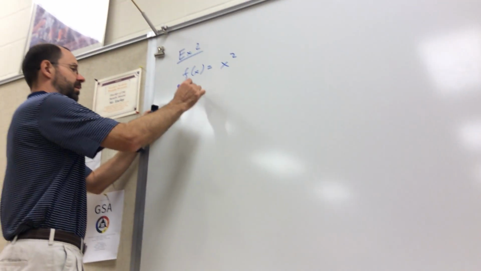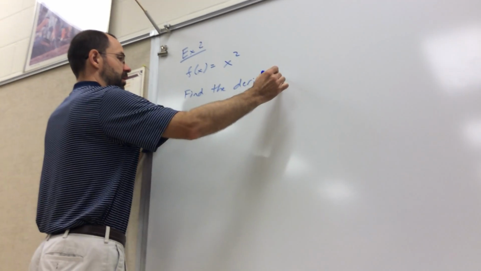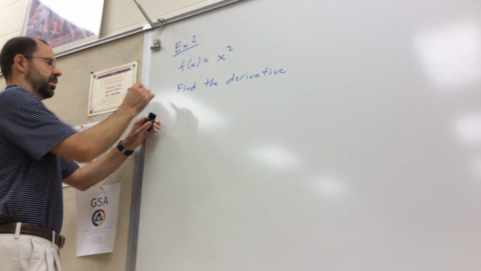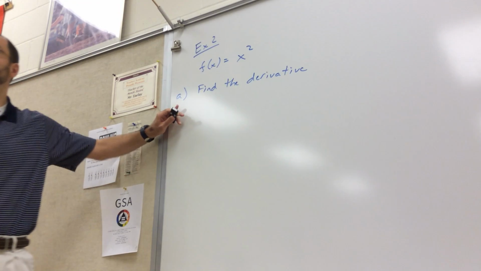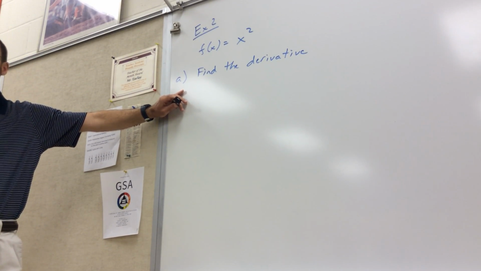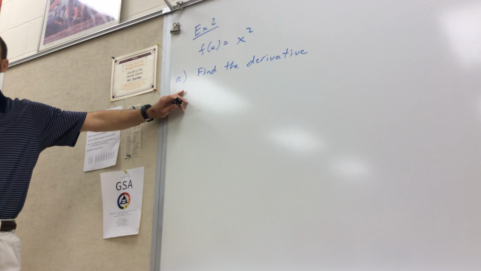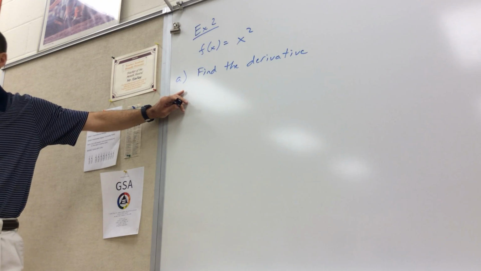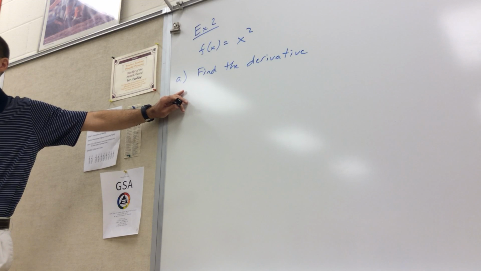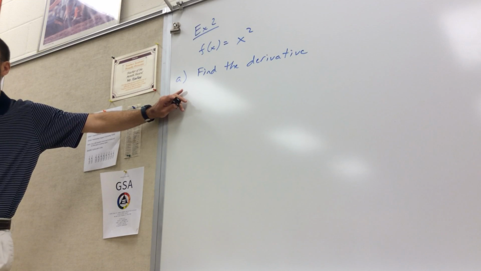Okay, so for this one, we're going to find the derivative. We're still finding the slope of the curve, so we're still going to use one of those formulas, either the limit as x goes to a or the limit as h goes to 0, either one.